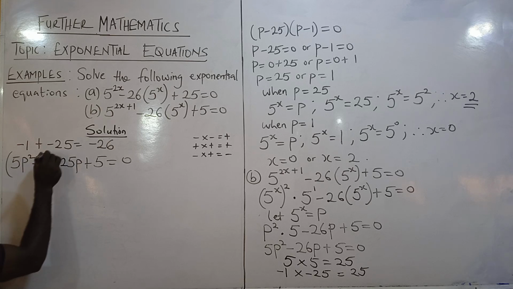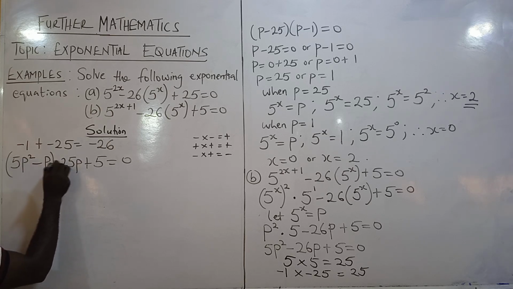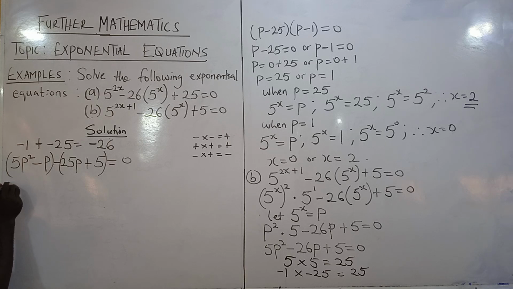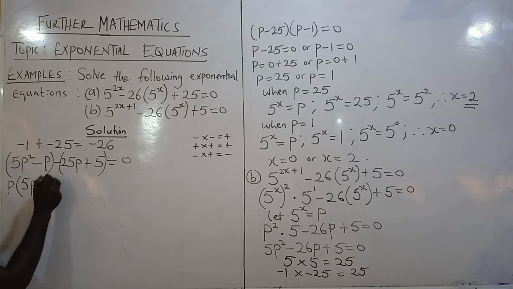Now let's factorize. We have a negative here. What's common? p is common. p, open bracket, we are left with 5p minus 1, since p goes in p one time.